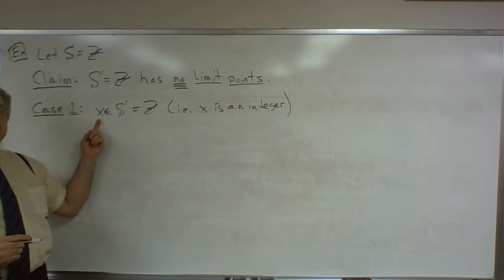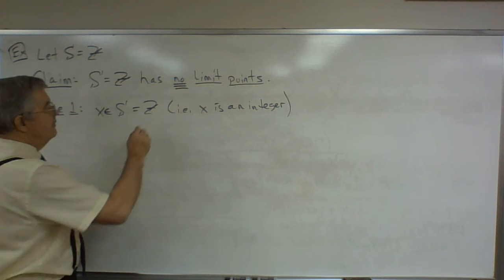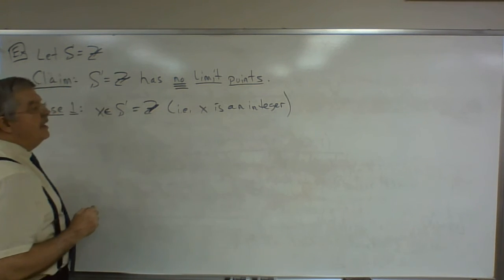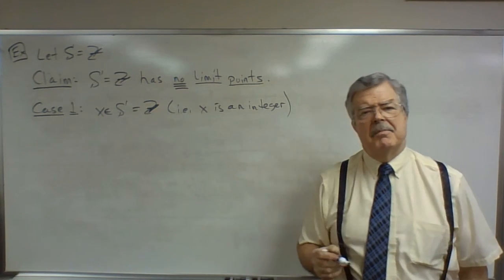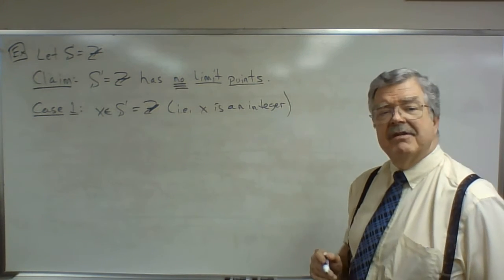So we'll pick an integer at random, our favorite integer, and we're going to show that that can't possibly be a limit point of the set of integers.